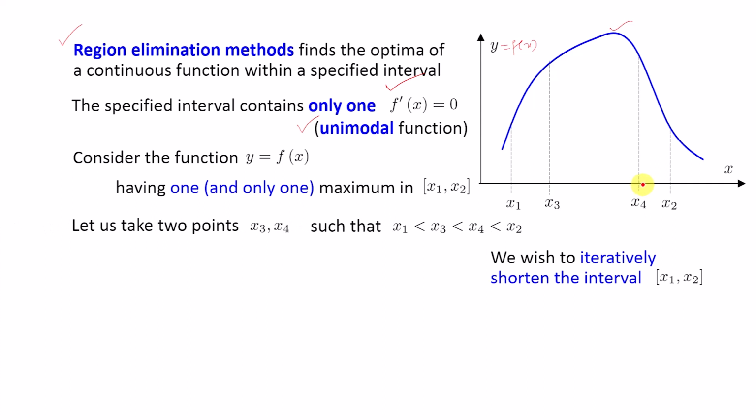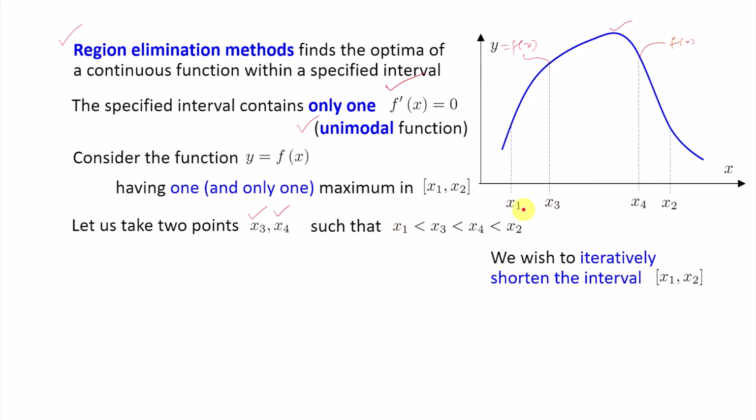So we start by taking two new points, x3 and x4, in a way that x3 and x4 will be within this x1 and x2 interval, and x3 is less than x4, which means x1, then x3, then x4, then x2. This is how we will arrange them. Now after we select this, we evaluate the value of the function at x3 and at x4.